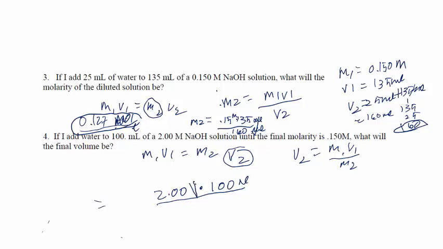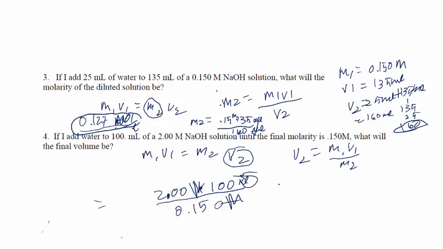This is molarity. And M2 is 0.150 molarity again. So molarity cancels this molarity, giving me milliliters.